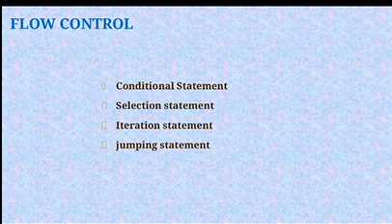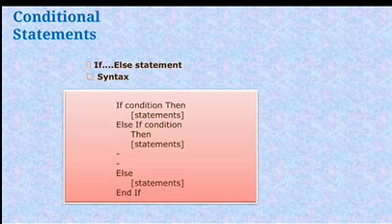Next, flow of control: conditional statements, selection statements, iteration statements, jumping statements. There are many statements in programming languages which are used to write programs. Among the conditional statements, there is the if statement.